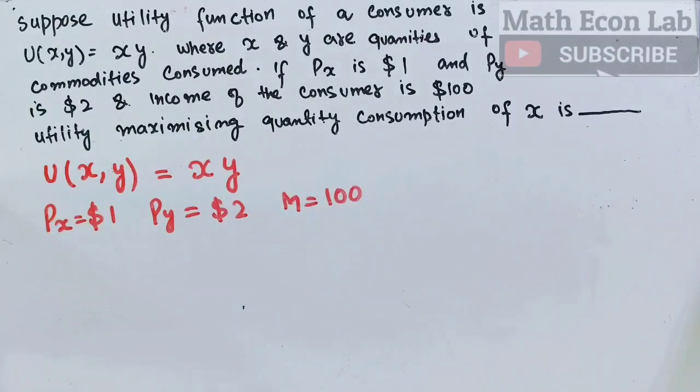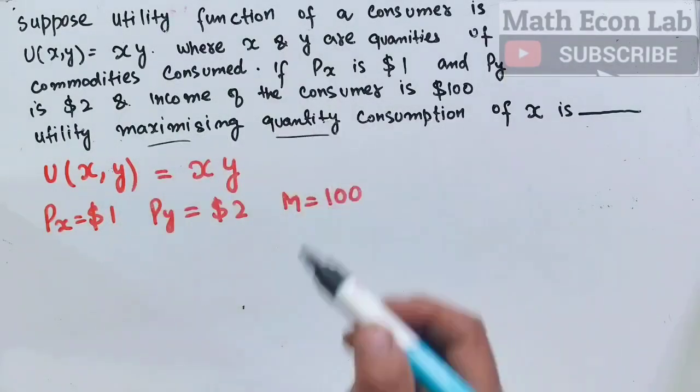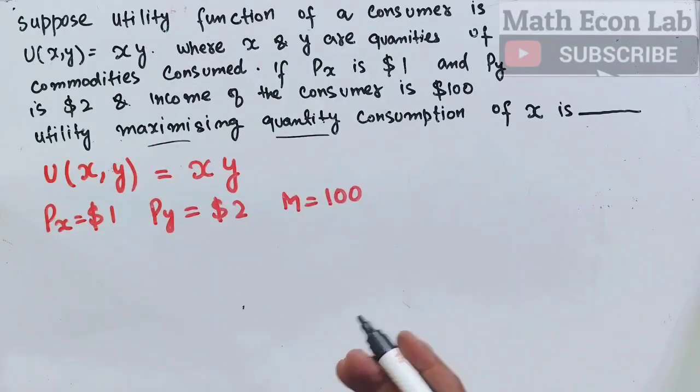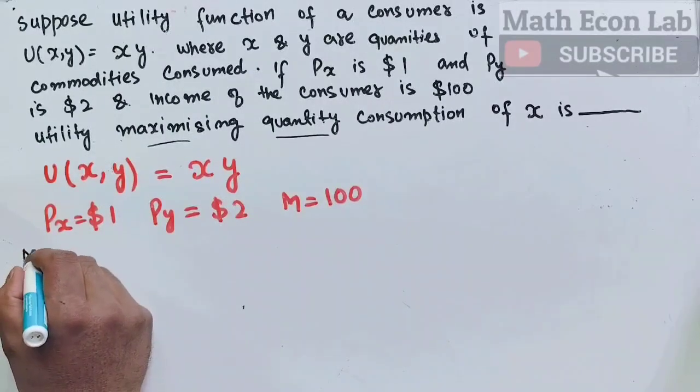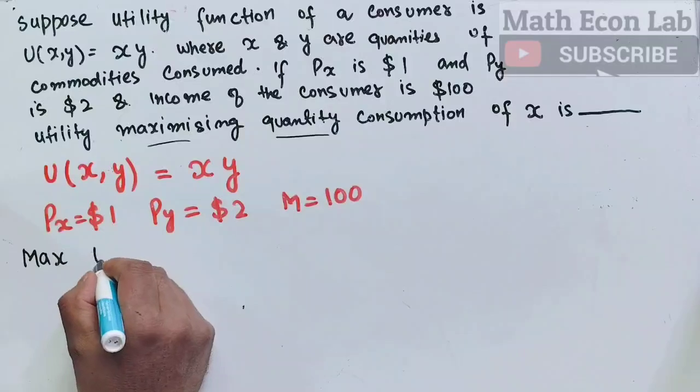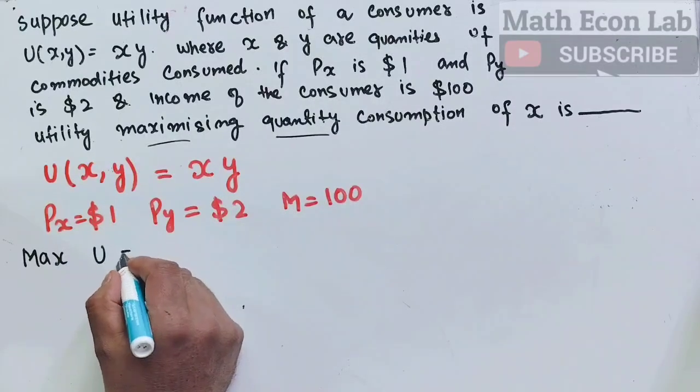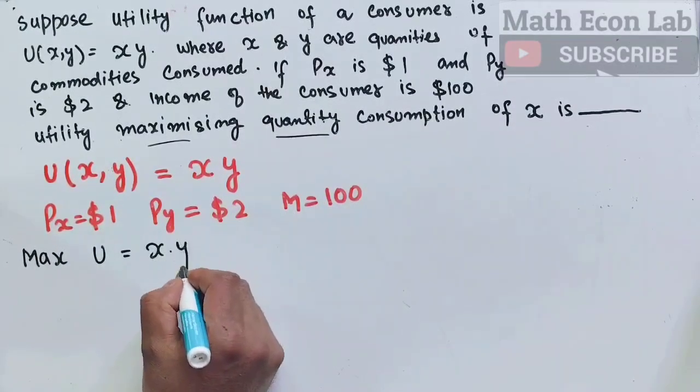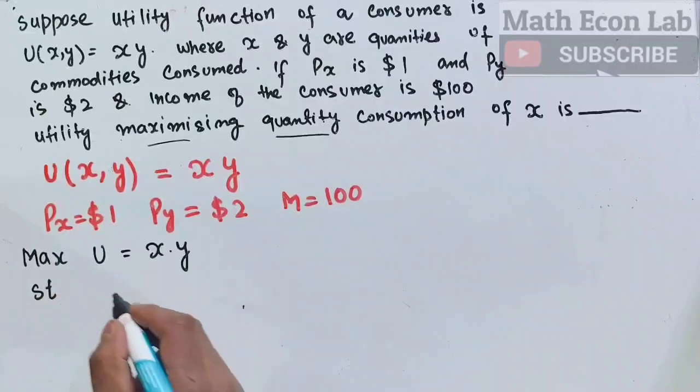We need to find out the utility maximizing quantity. So our endeavor is to maximize the utility of the consumer, x times y, subject to the budget constraint that he is facing.